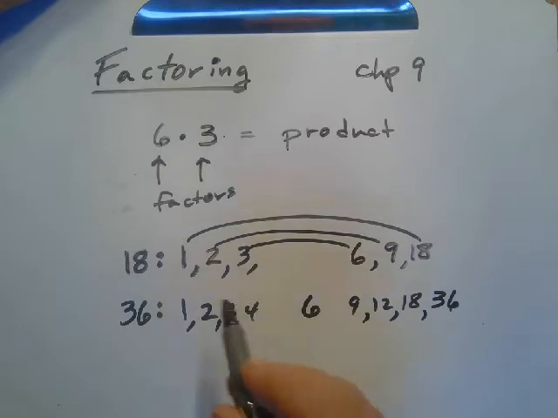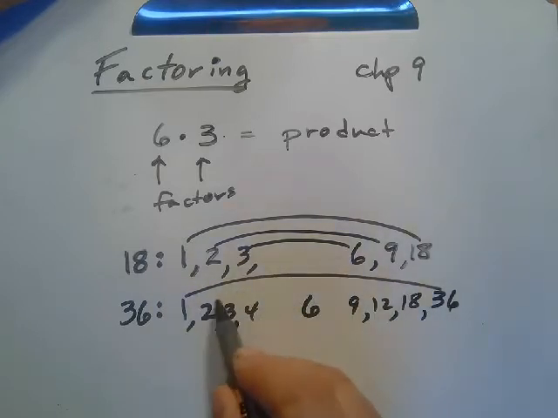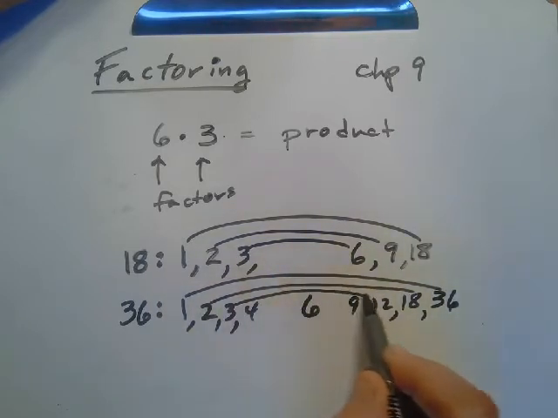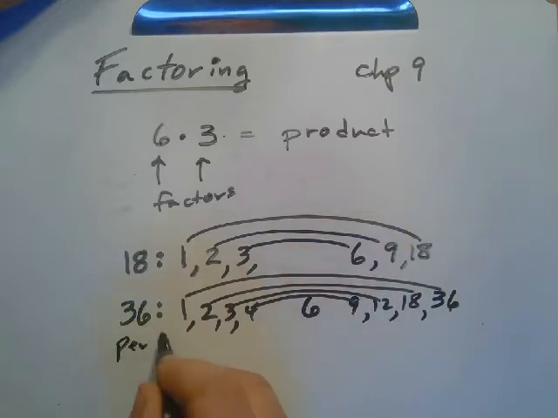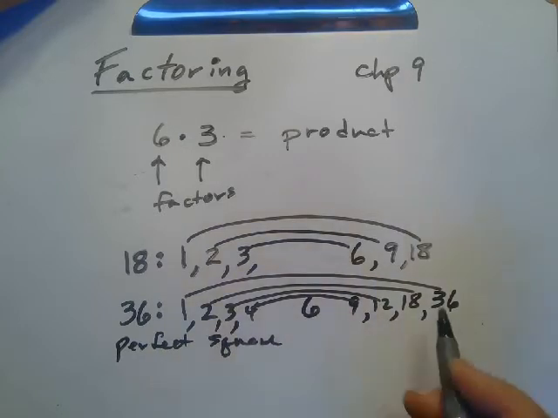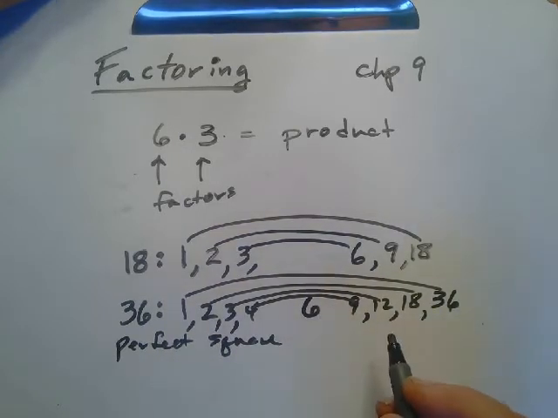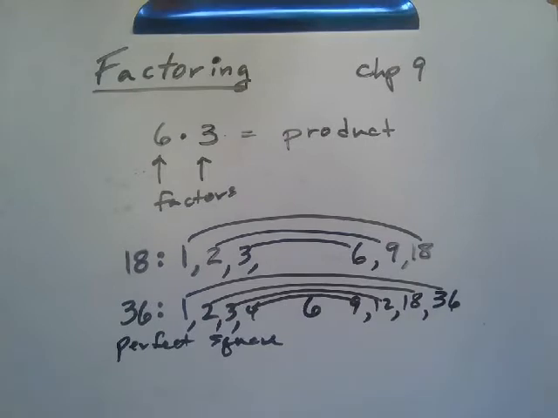So here's a set of factors, but in this little rainbow that we create, 6 doesn't have a mate. When this is a perfect square, that rainbow will not occur right in the middle. Now the whole idea here is we're looking for all of the factors of a number. I'm not going to spend any more time on this. This is something that we went through back in March. We're going to move on to something else here.